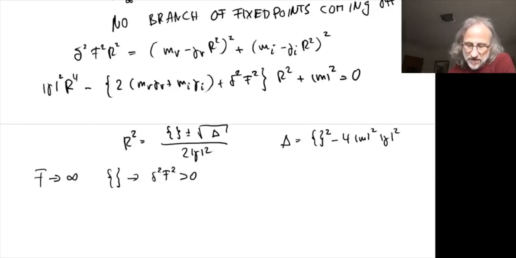However, as f becomes smaller, as if the curly brace becomes 0, this discriminant becomes negative first, because this minus 4m gamma squared term is negative, right? So before the curly brace becomes 0, the square root becomes imaginary. So the way we lose these solutions is by the discriminant becoming 0.